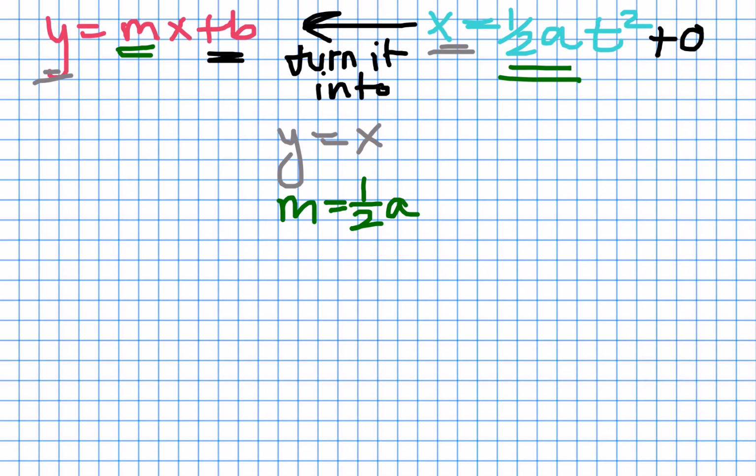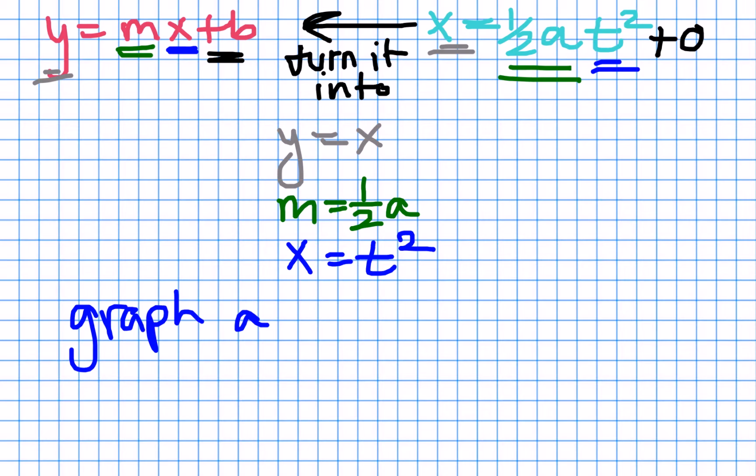That leaves us with something that may sound less intuitive to you, which is the only thing left is our x. So our x is going to be t squared. So this is why on that second page I say graph an x t squared graph.